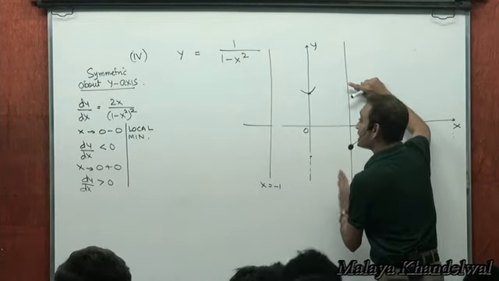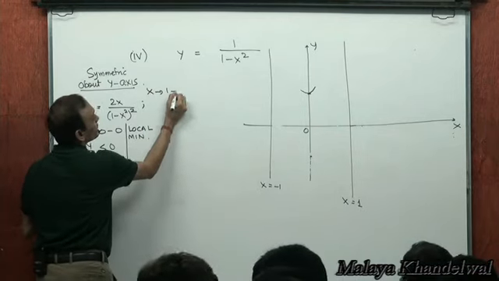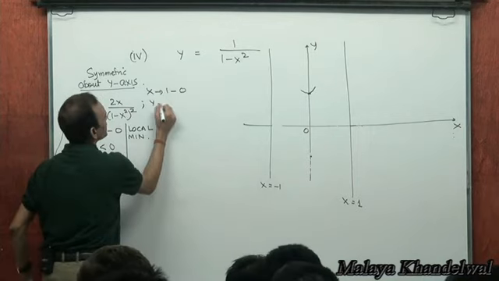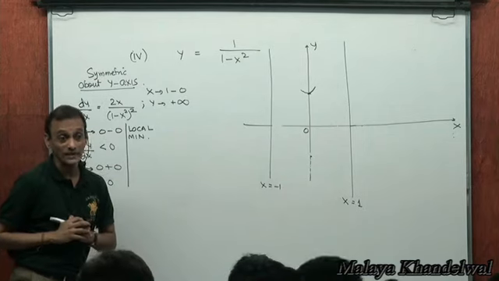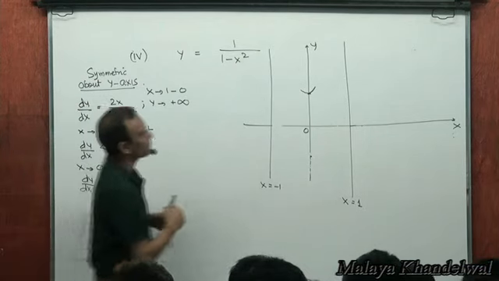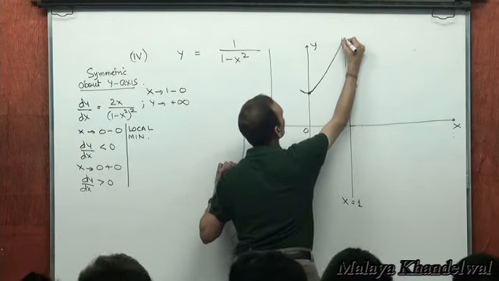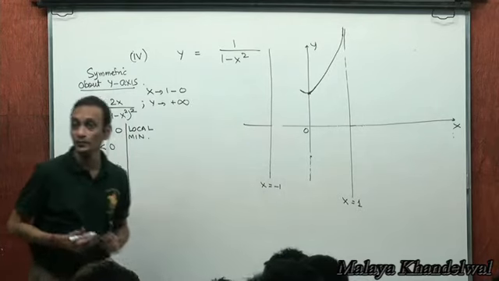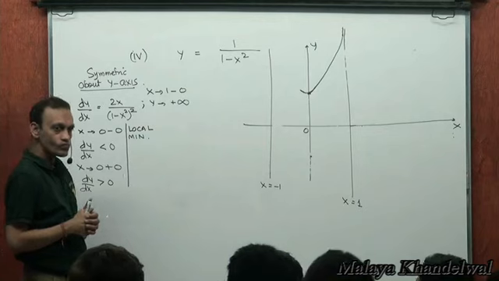Now, as x tends to 1 from the less than 1 side, do you realize that y tends to plus infinity? As x tends to 1 from the less than 1 side, y tends to plus infinity, right? Without any more turning points, because this was the only turning point, x equal to 0, a local minima, right?